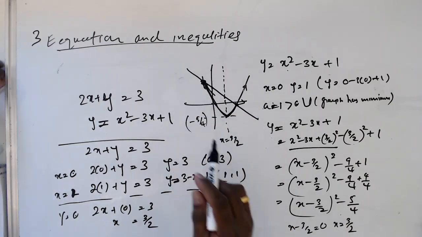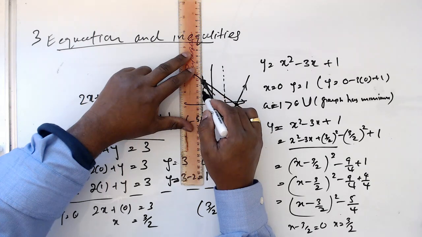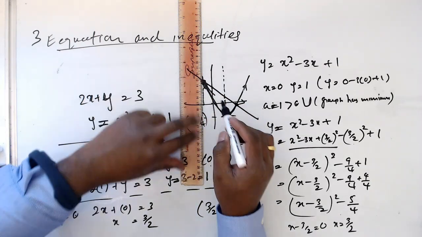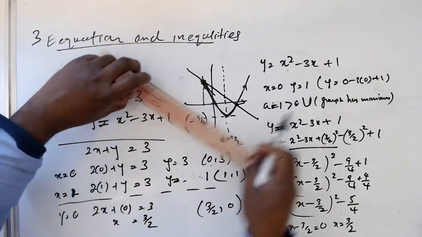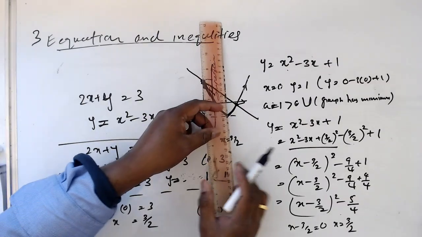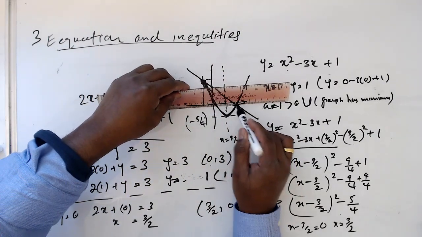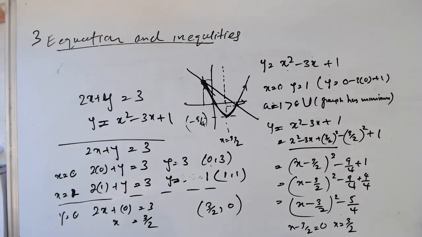So bring a ruler, and you want to find the x value and the y value, and the same for this x value and y value. But we know what x and y are, since previously we solved simultaneously.